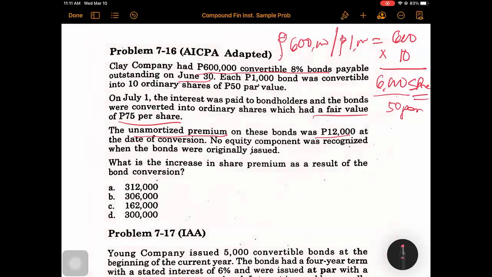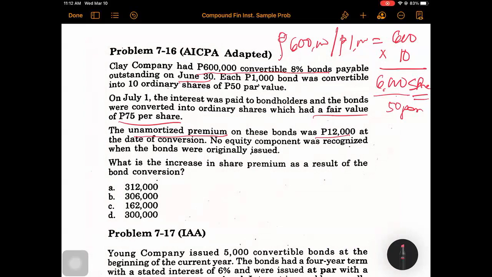And no equity component was recognized when the bonds were originally issued. Therefore, at the time of issuance, wala na-identify nga equity component. Therefore, wala tayo share premium on conversion privilege.